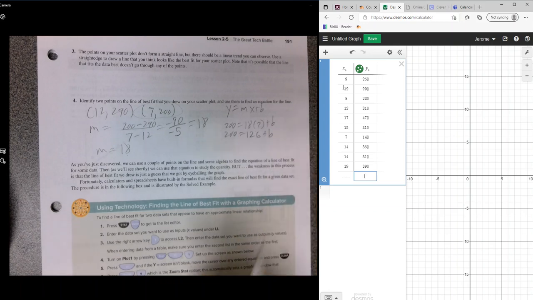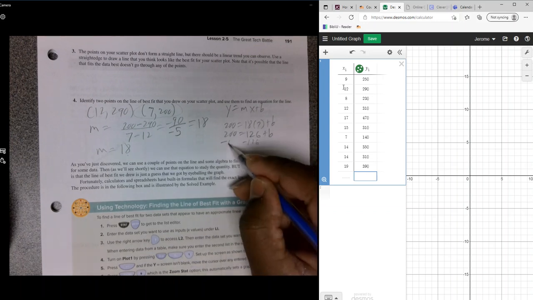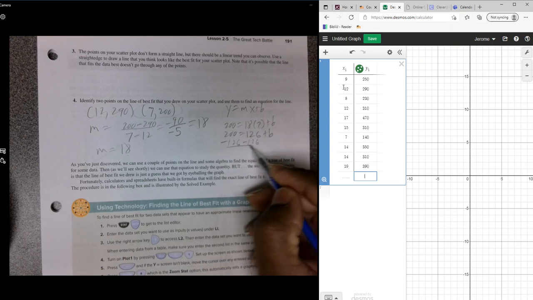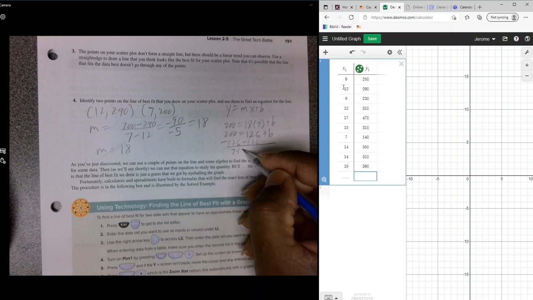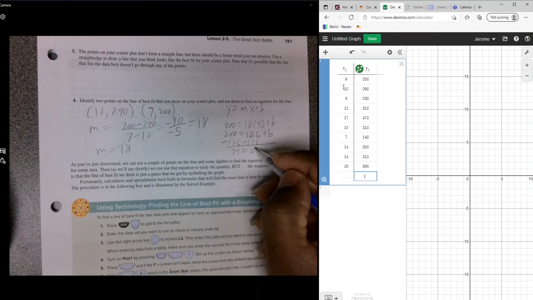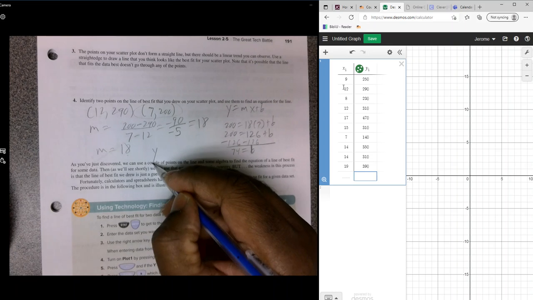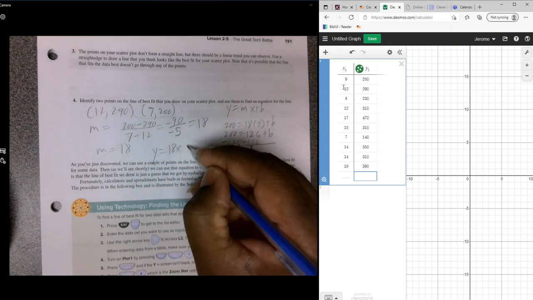All right, so we'll subtract 126 on both sides. So 200 minus 126 is 74, and it equals b. So now we have our m and we have our b. So our final equation would be y is equal to 18x plus 74. That would be our equation.